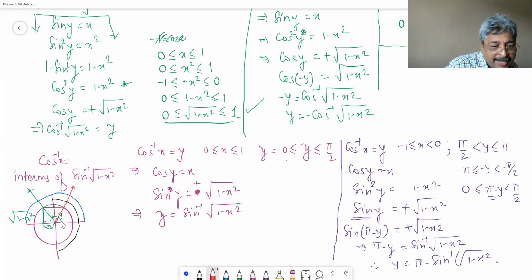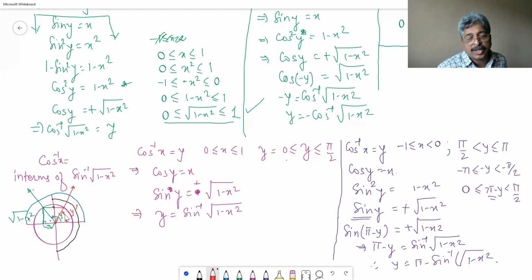So we wanted angle y, but we will get this angle y dash the moment we take sine inverse of radical 1 minus x square, because radical 1 minus x square is this quantity on the y-axis. If you take sine inverse of this quantity, you will get this angle, which is between 0 to pi by 2, which is y dash. But we don't want y dash, we want y.